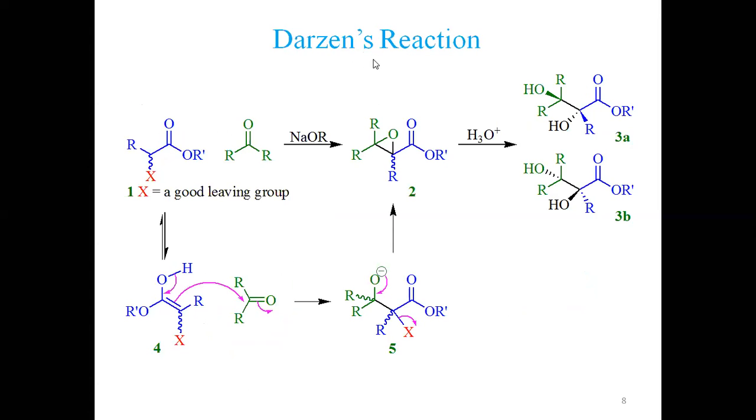Similarly, you have come across Darzens' reaction. In Darzens' reaction our substrate is quite similar to the Reformatsky, but we are not using an organometallic. Here this X is not only a halogen, it may be any good leaving group. When we react this with a base, it picks up a proton from here and generates an enolate, which adds to this.